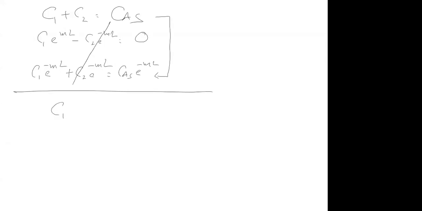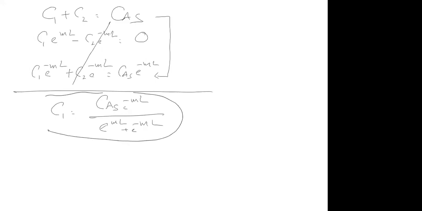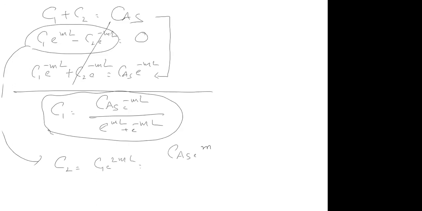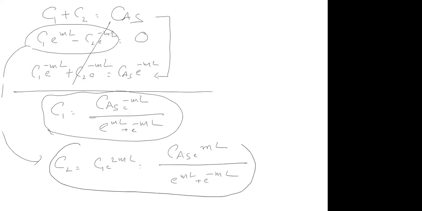So C1 is CAS into e power minus mL by e power mL. This is C1. Once you get C1, what is C2? From this equation, C2 is equal to C1 into e power 2mL. This is C2.